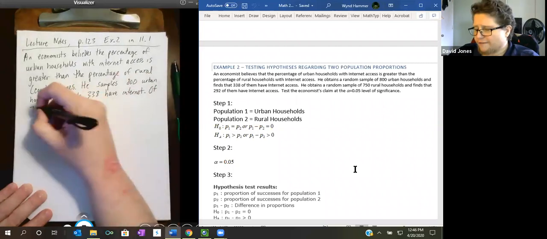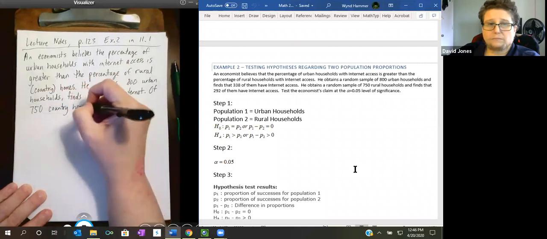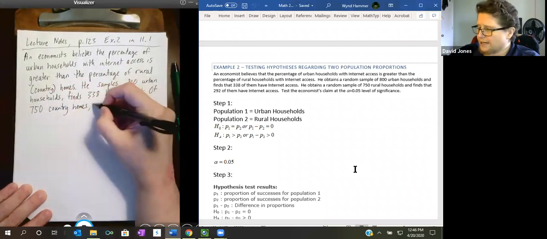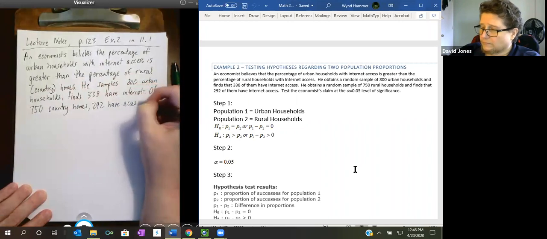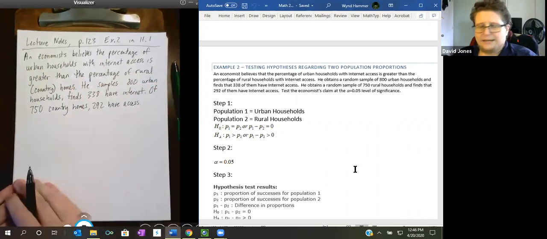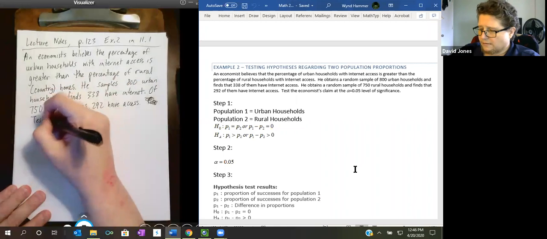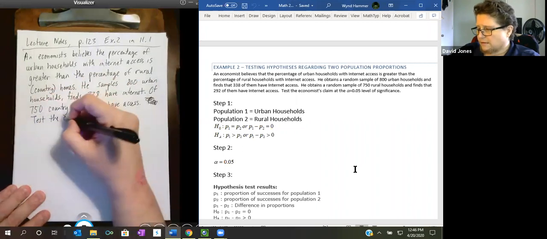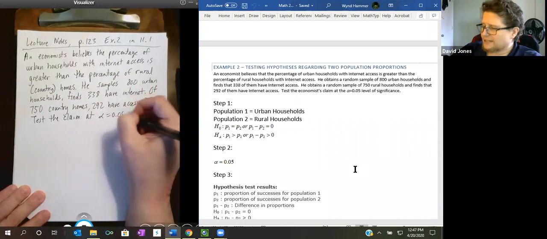Of 750 country homes, 292 have access. Test the claim at alpha equals 0.05 level of significance.